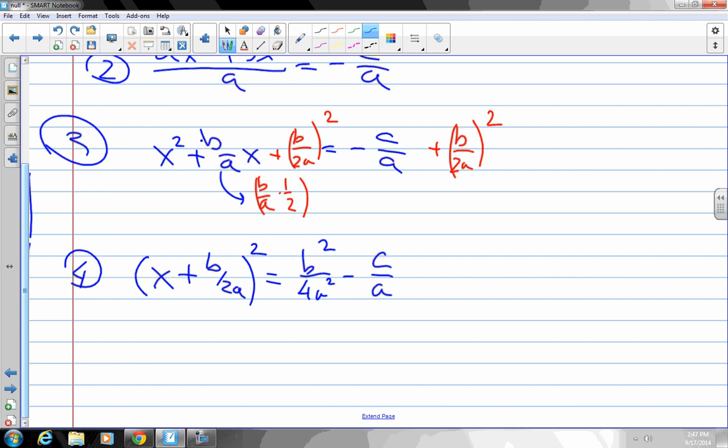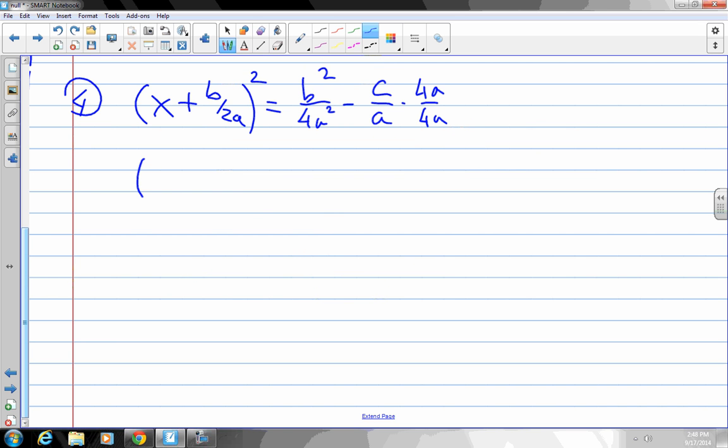What about 4? Do I need 4 in the common denominator? We need everything, really. So it's 4a squared. That's the common denominator, the smallest expression that's divisible by both. So we need to multiply this by 4a and that by 4a, so they have the same denominator. So now this is x plus b over 2a squared equals b squared minus 4ac over 4a squared.